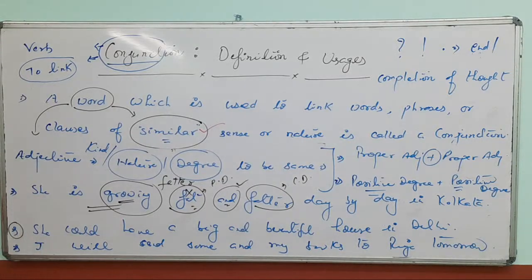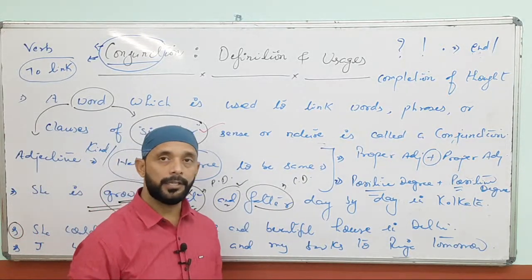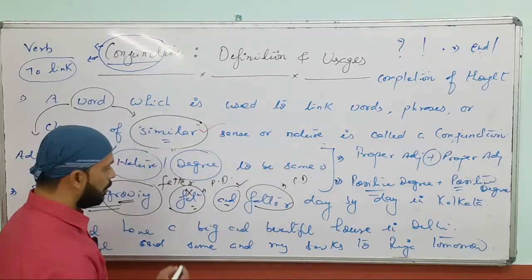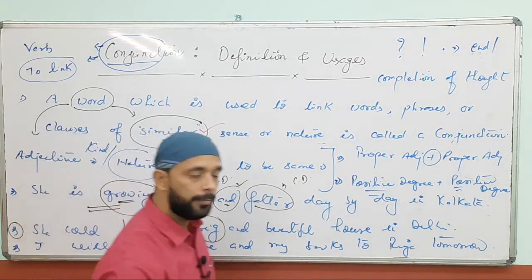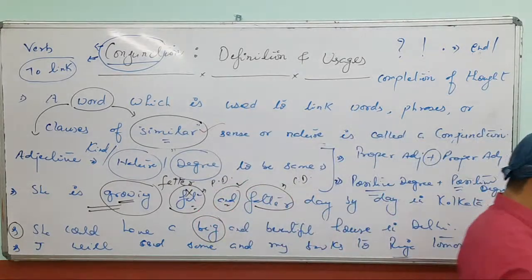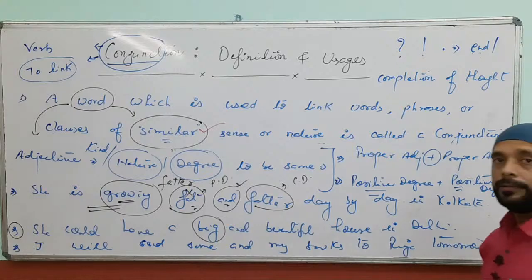She could have a big and beautiful house in Delhi. You see, what kind of adjective is big? Come on, tell me. I think you get it.